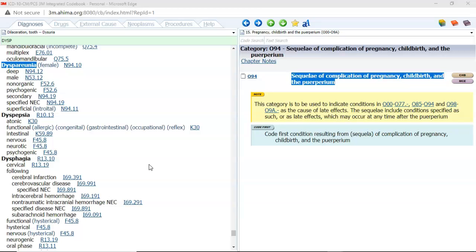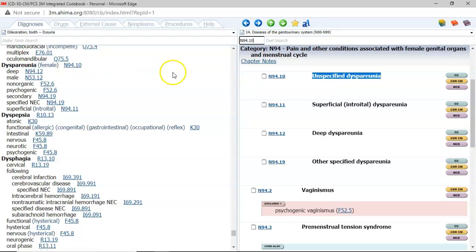So basically, when the obstetrician performed the episiotomy, it was what they refer to as too tight. So you go to dyspareunia of a female, N94.10, and this is the principal diagnosis code here.